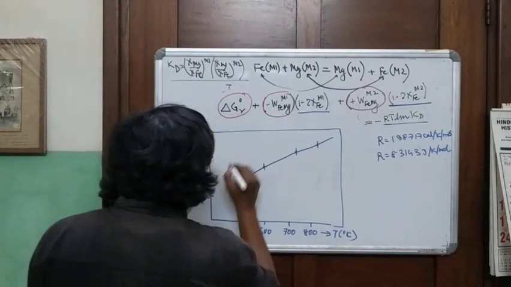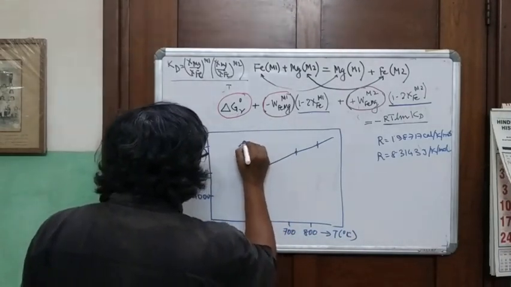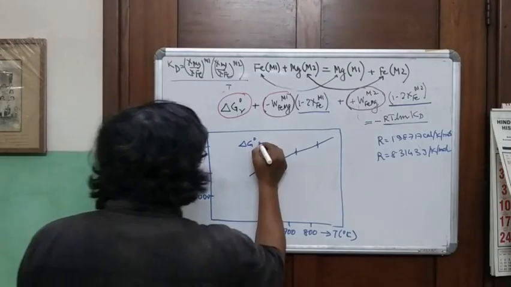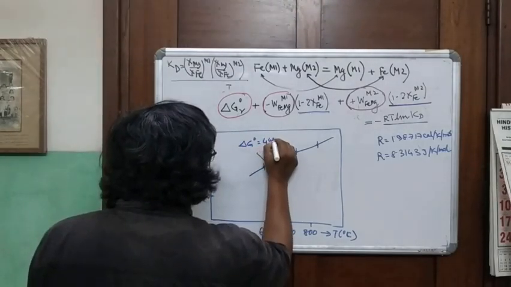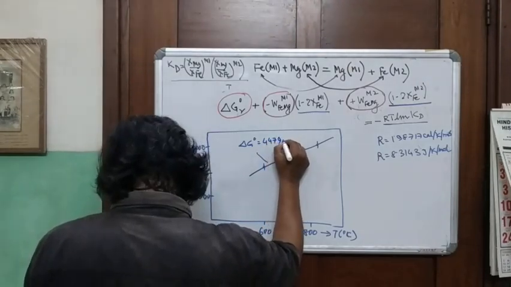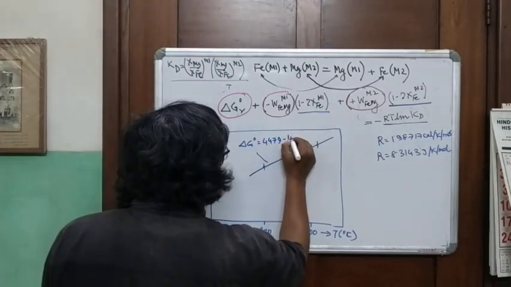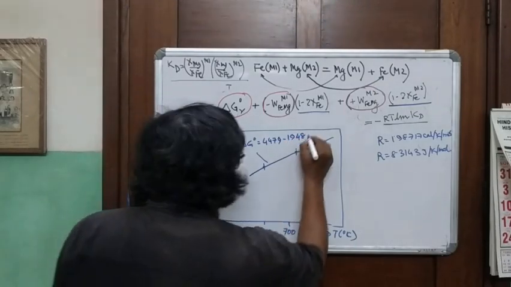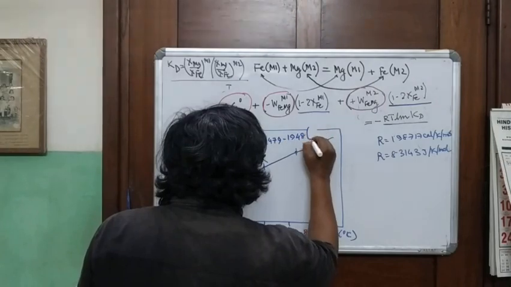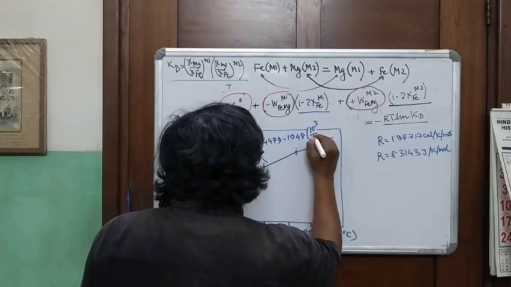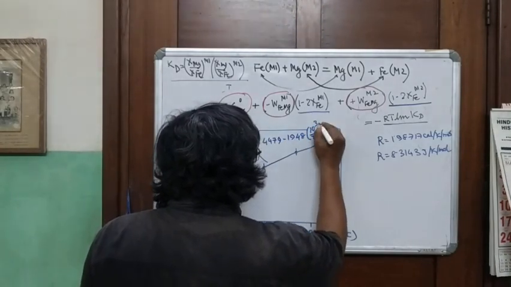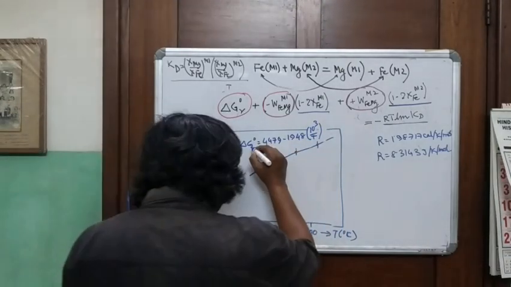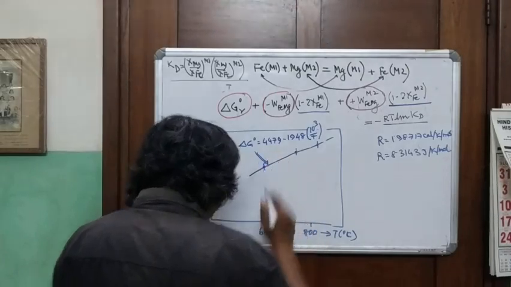This expression is for delta G0, which they had found out is equal to 4479 minus 1948 into 10 to the power 3 by T. That's the expression they found out. This is for delta G0.